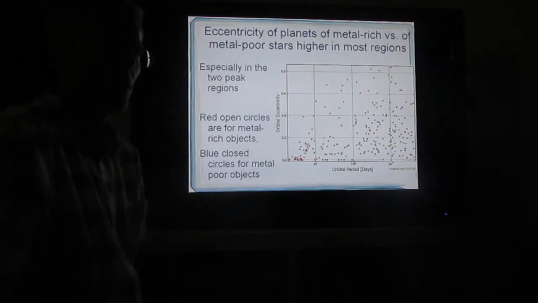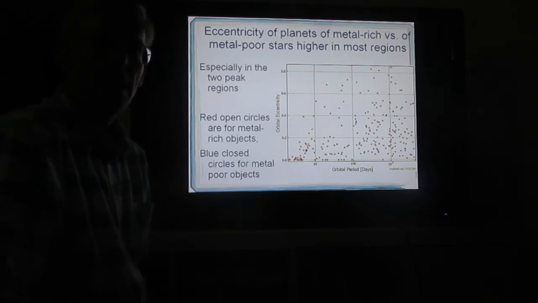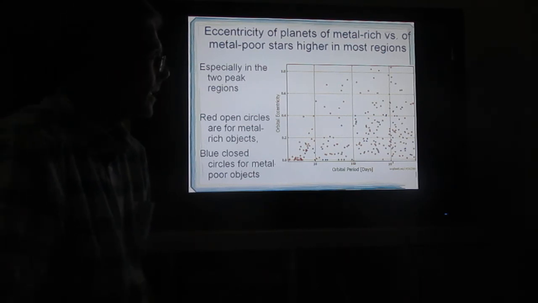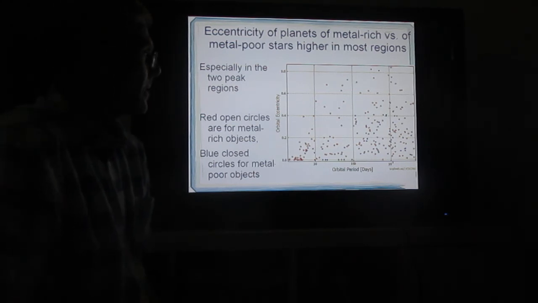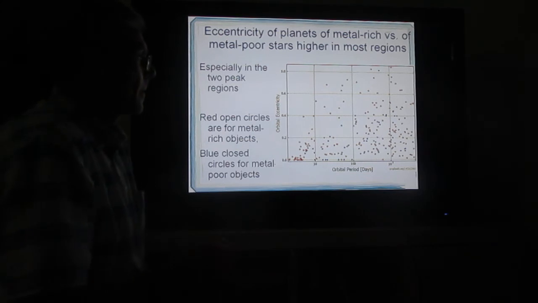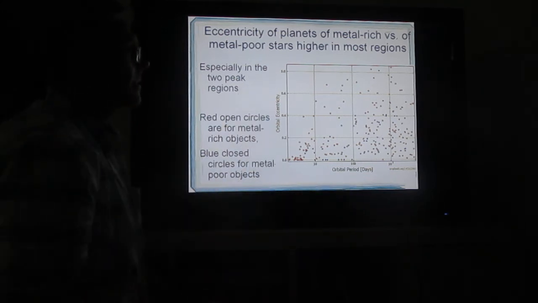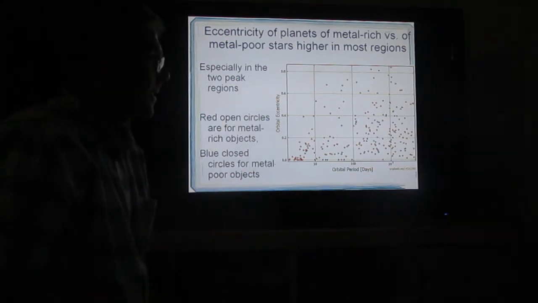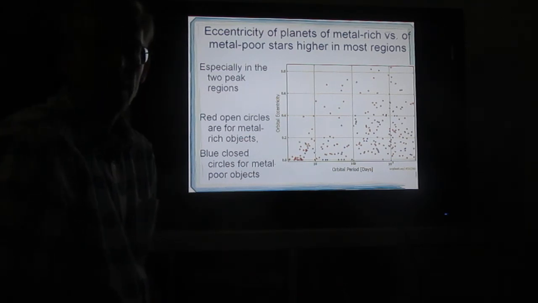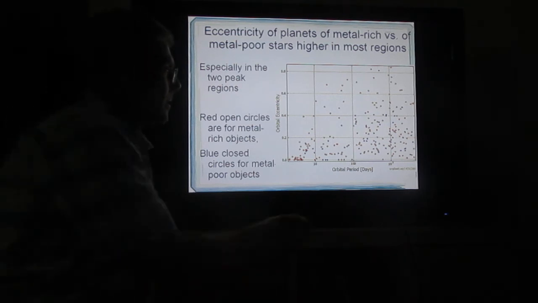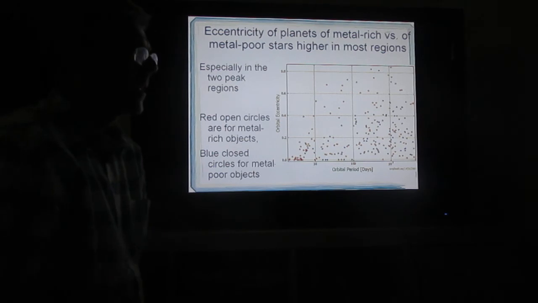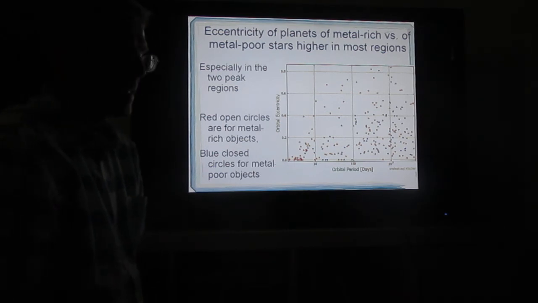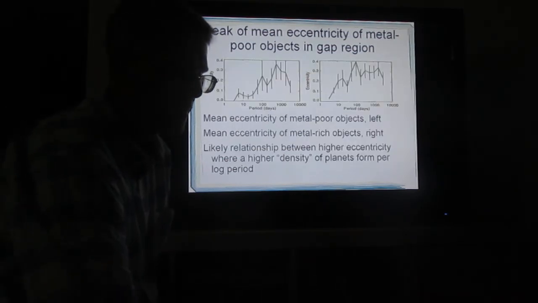These features also have an influence on the eccentricity, where here I've plotted the sun-like objects, the orbital period and the eccentricity. The red open circles are the iron-rich objects, and the blue filled circles are the iron-poor objects, or planets of stars with metallicity less than our sun.